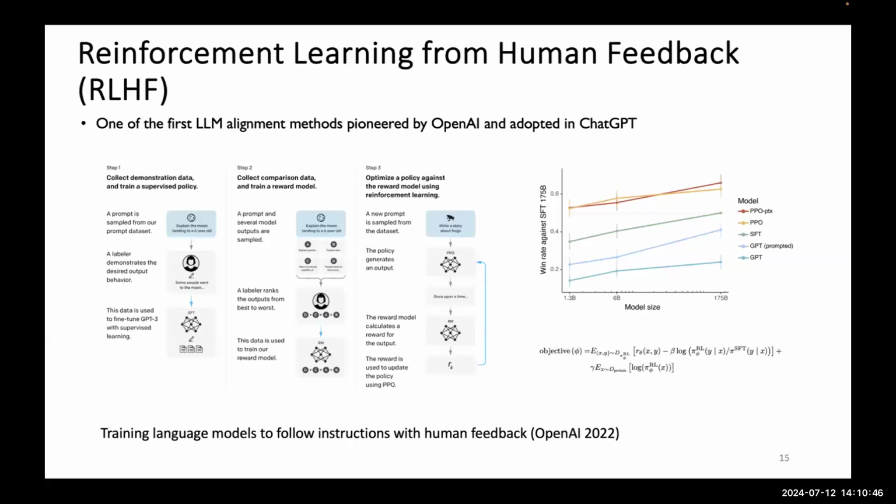So what is RLHF, right? In the context of language models, think about the language model as a policy of its own. Policy is a term that people use in the reinforcement learning community.